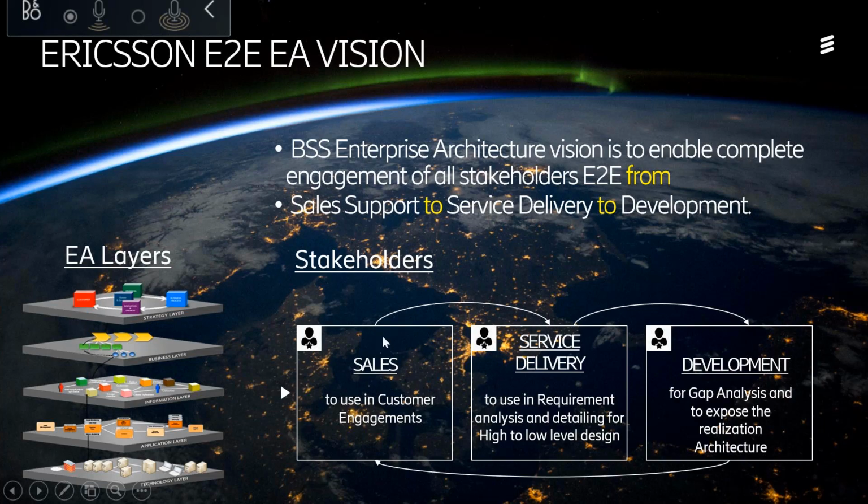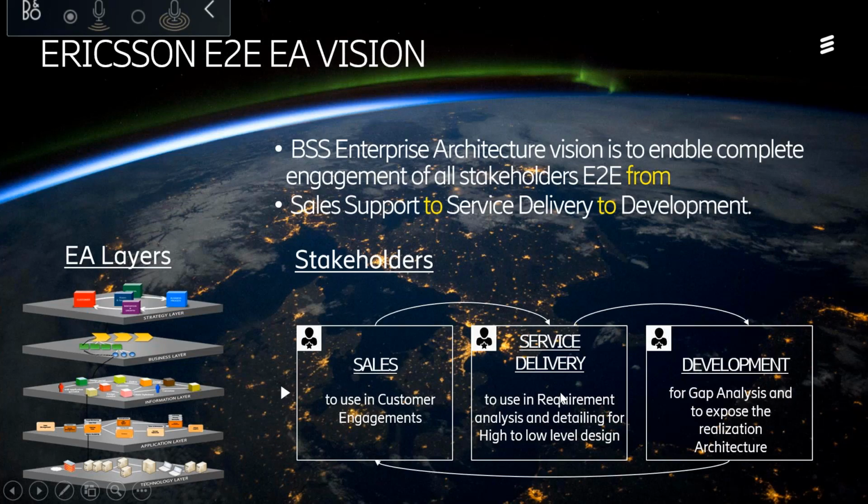Once the sales discussions are through and the customer wants to move into the development cycle for delivery within Ericsson, we start what is called service delivery. There we reuse the artifacts that were used during the sales discussions, carry them forward, and start discussing the requirements.